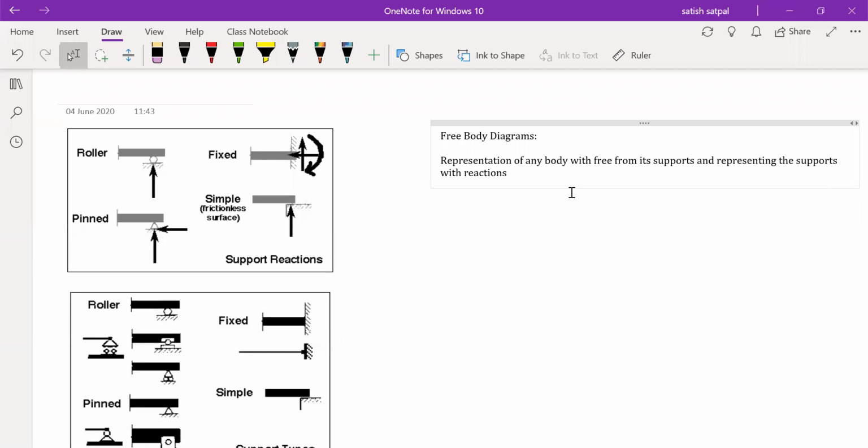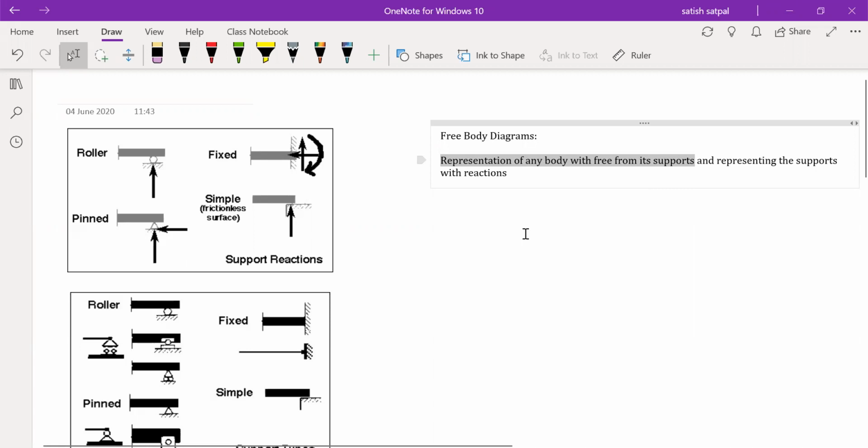Correct. That means we remove the supports, free from support, and those supports are represented with the reactions. Correct. That is called a free body diagram.